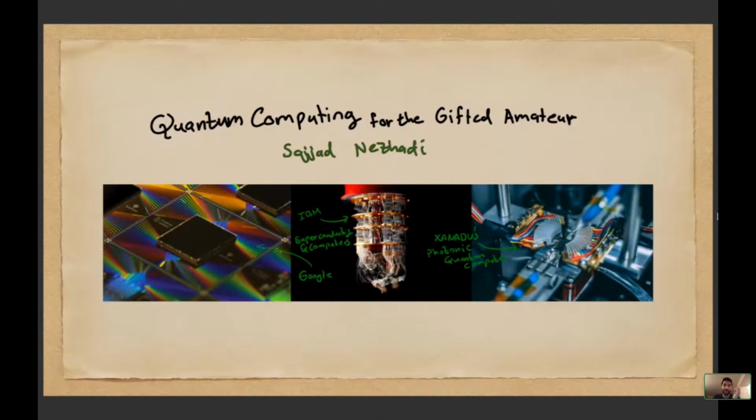I won't be really discussing the hardware of it. We're just going to be discussing the mathematics of quantum computing and what it's useful for. But just keep in mind in the back of your brain that all the things we're going to be discussing eventually has to be constructed in hardware, and the way that this is done varies depending on the company, and there's a lot of exciting research going on.